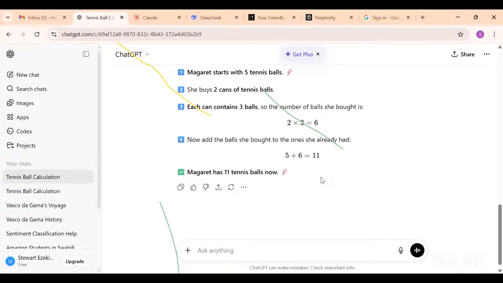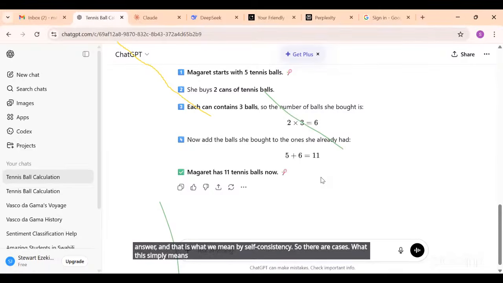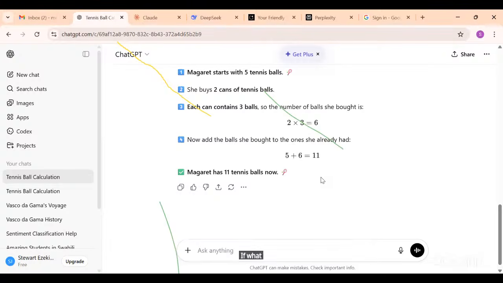And that is what we mean by self-consistency. What this simply means is that there are times you might have to run some prompts over again, 2 or 3 times more, just to be able to see if what it is thinking is consistent.